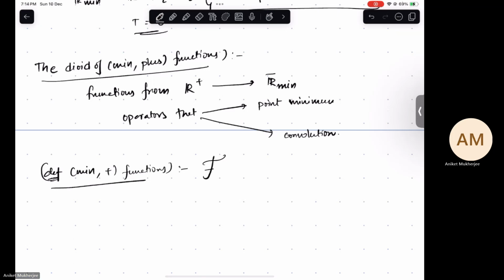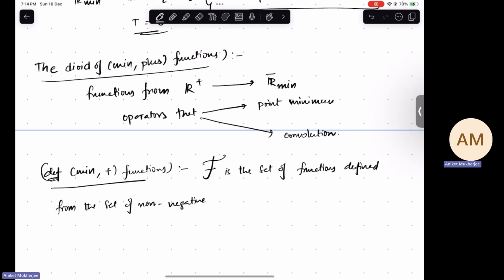So we'll have F is the set of functions defined from the set of non-negative reals R plus to the complete min plus dioid R min.